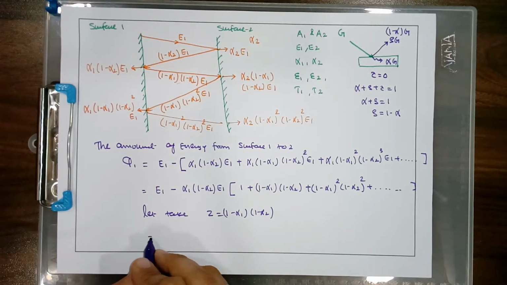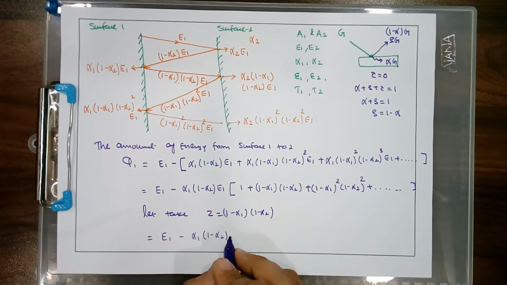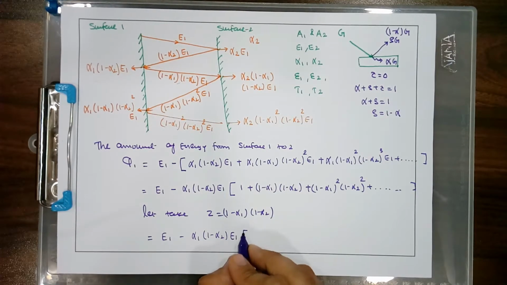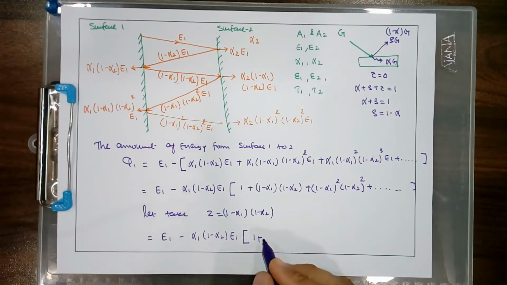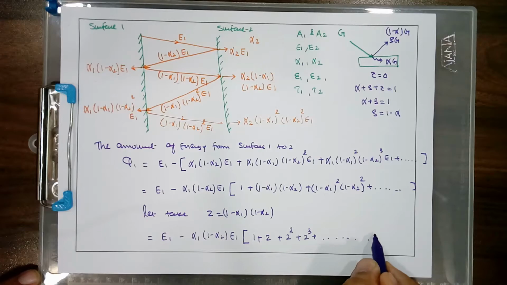Now our expression becomes E1 minus alpha 1 (1 minus alpha 2) E1 in the bracket 1 plus z, then z square, then z cube, and it goes on.